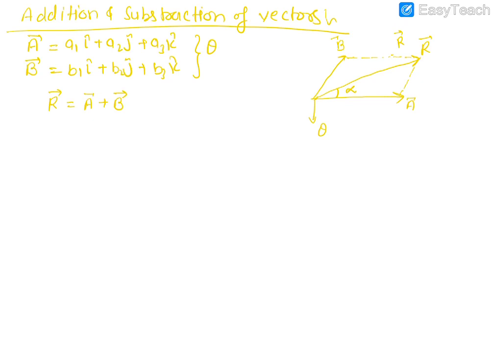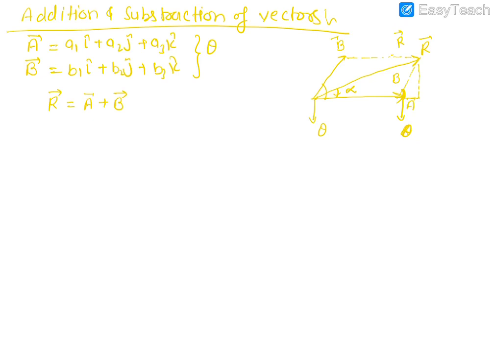To find that, assume this angle is alpha, then this one is also alpha. This one is b, and this one is b in modulus, right? Now if this one is theta, then this one is theta, right?